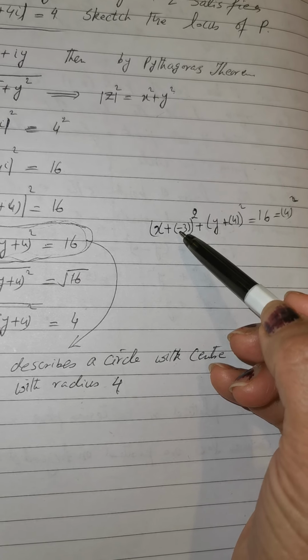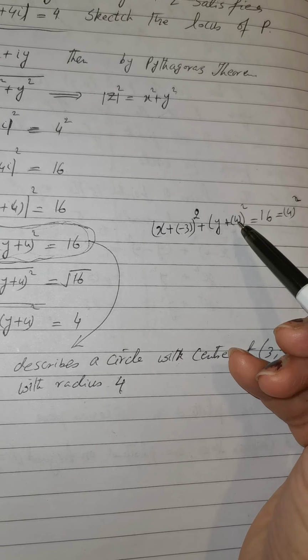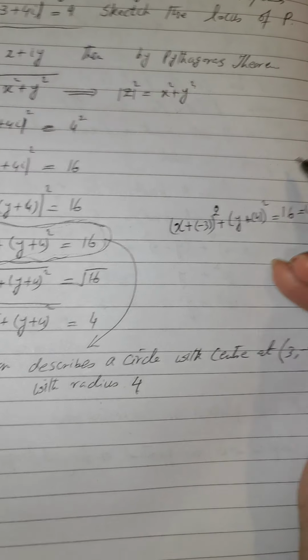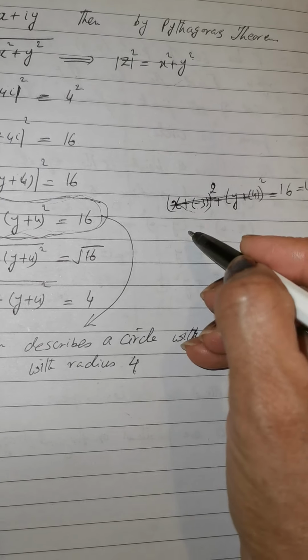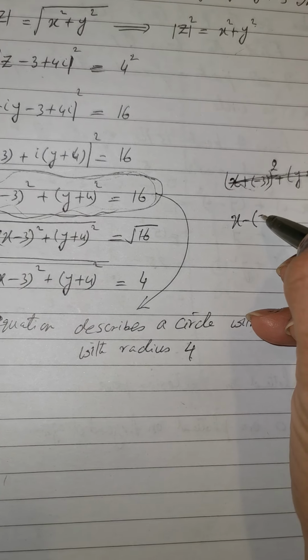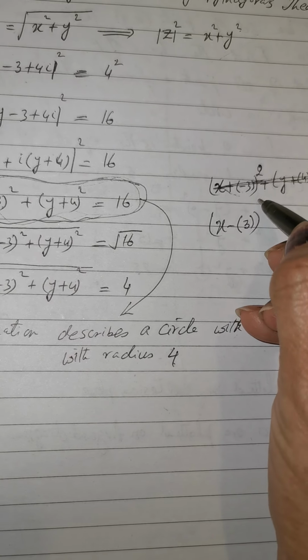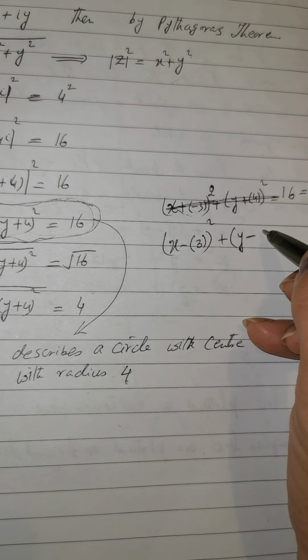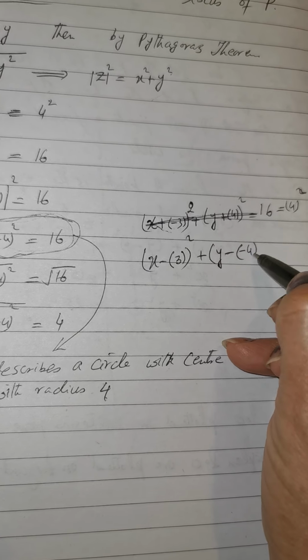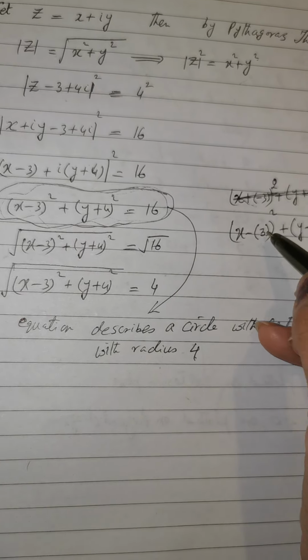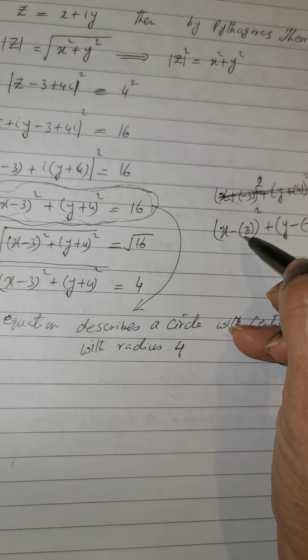In this case, we have minus 3 and we have plus 4. So the center of the circle will be (x minus 3) whole squared. x minus 0 will become plus 3 here because we have x minus 3, right?